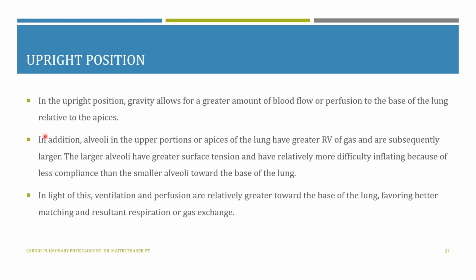So there will be more air in the upper alveoli compared to the lower alveoli. The larger alveoli have greater surface tension and have relatively more difficulty inflating because of less compliance. Because they are already larger in size, they cannot expand after a certain level. Okay, that is why it is more difficult to inflate such alveoli compared to the small alveoli.